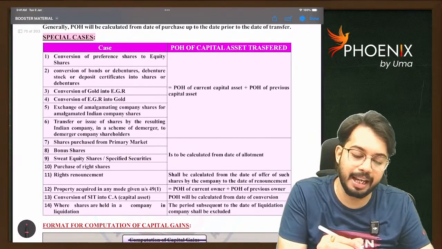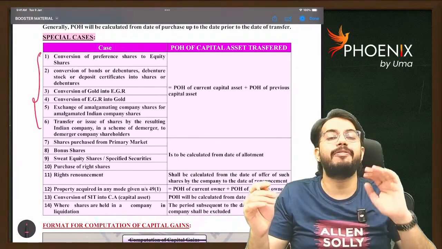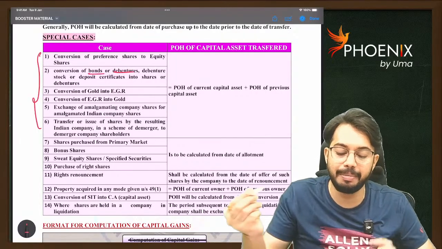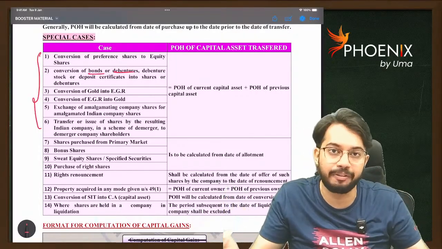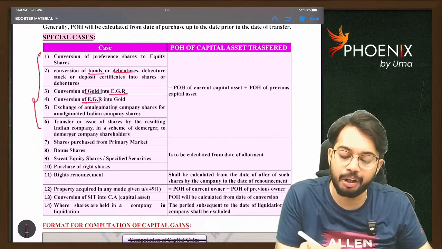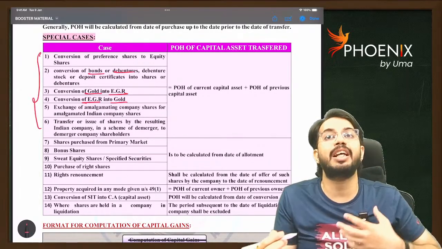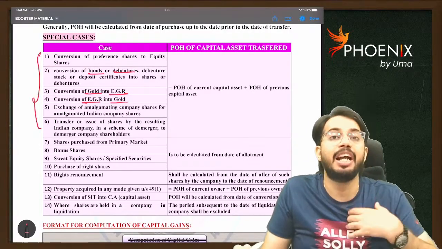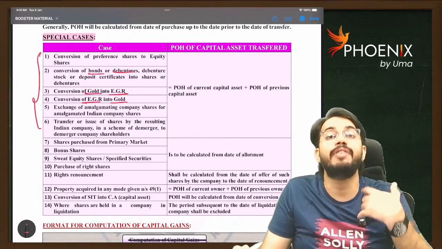So there are 6 cases: conversion of preference shares into equity shares, conversion of debentures, bonds, debenture stock or deposit certificate. Next, conversion of gold into electronic gold or electronic gold into physical gold, exchange of amalgamating company shares to get amalgamated company shares, exchange of Vodafone shares to get VI shares.